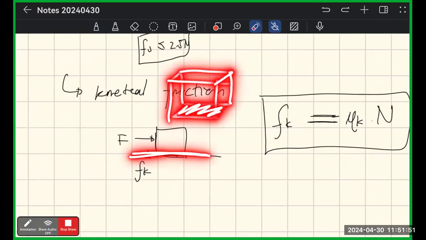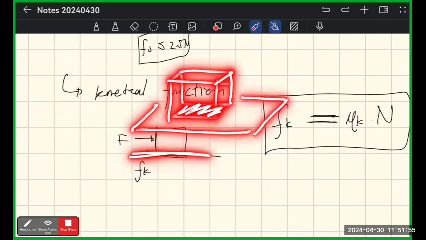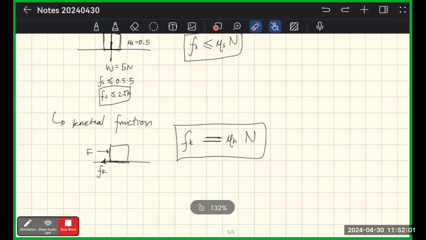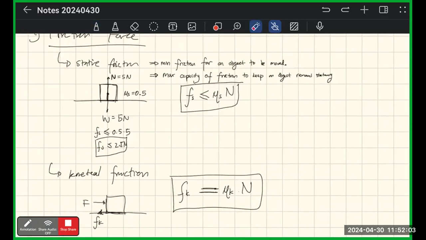These surfaces will be moving relatively with the ground. Sometimes you will have an object moving, but it will still be in static friction, which is a case of non-slipping motion, which we will discuss later.